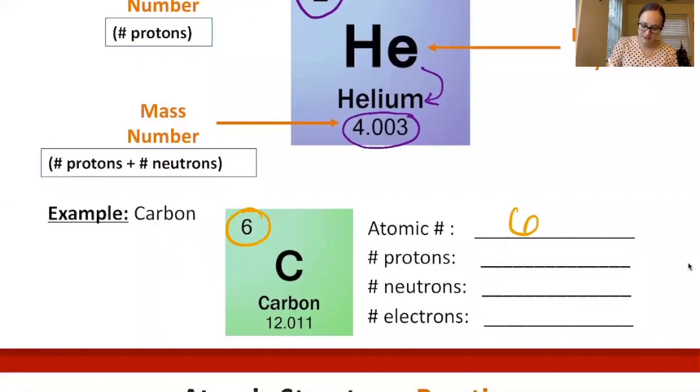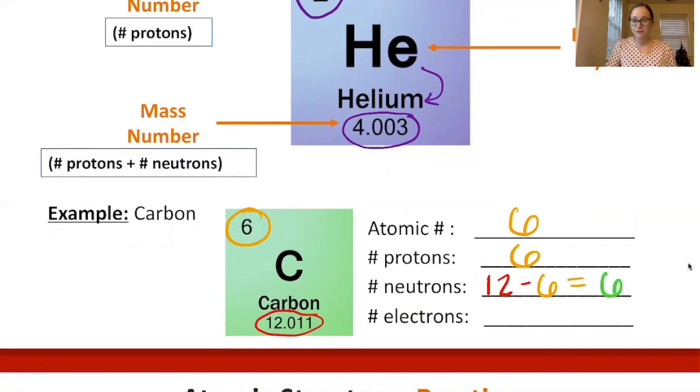Then we have our number of protons, which again is defined by the atomic number, so we also have 6. Our number of neutrons is going to be our mass number on the bottom, the closest integer, which is 12, and then we subtract the number of protons. 12 minus 6 gives us our number of neutrons, which is also 6.